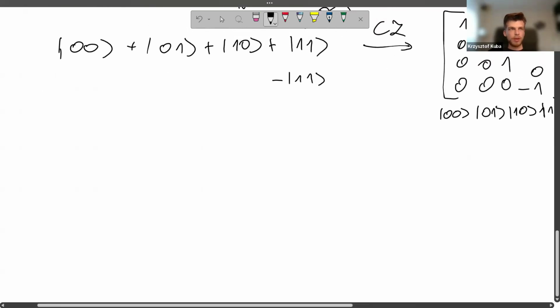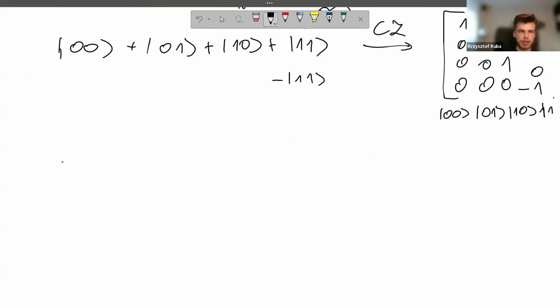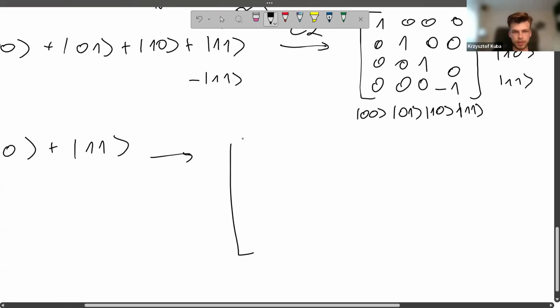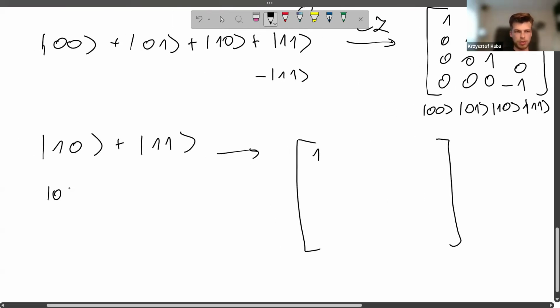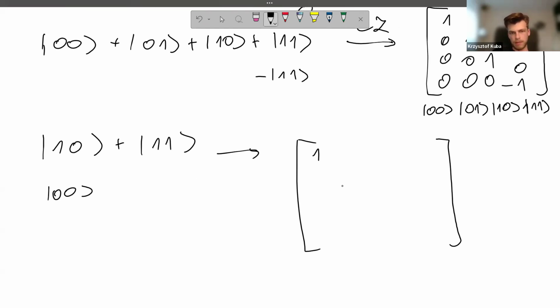And for example, if we were to search for keys with 0, 1, plus, maybe it's too long, sorry, plus 1, 1, we would construct a matrix which is 1 for state 0, 0, 1 for state 0, 1, minus 1 for state 1, 0, and minus 1 for state 1, 1.